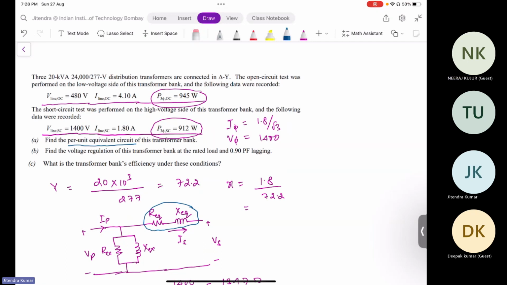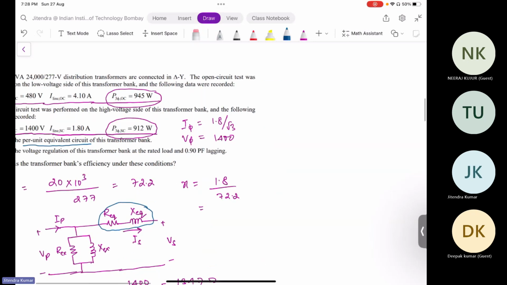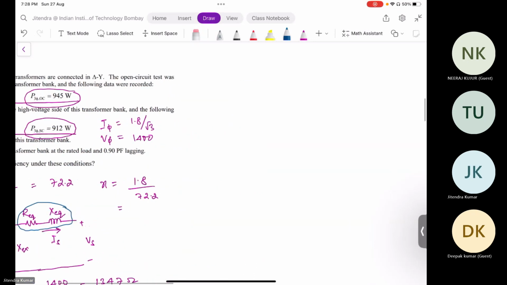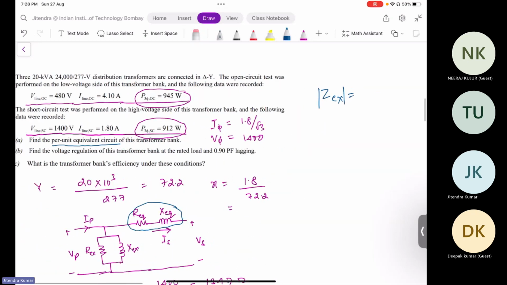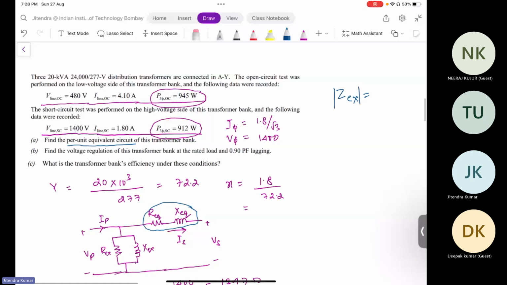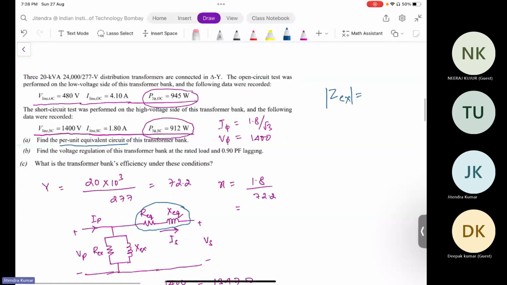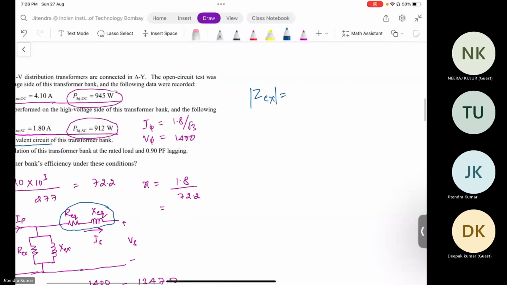So V by I, again, we have to do the same thing. Z excitation is equal to V by I, and V is 480 volt, and it is a star, so it will change to 480 divided by root 3.